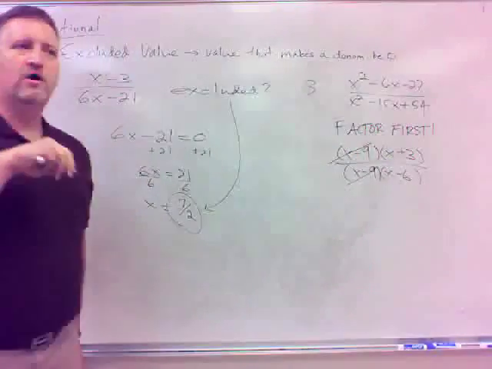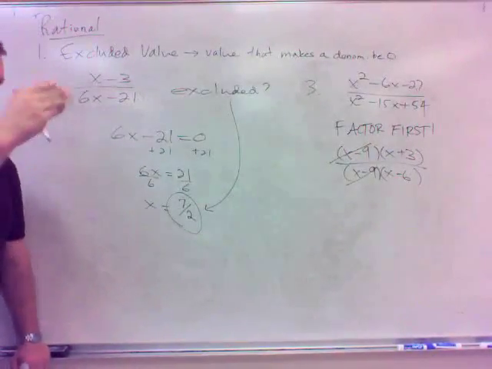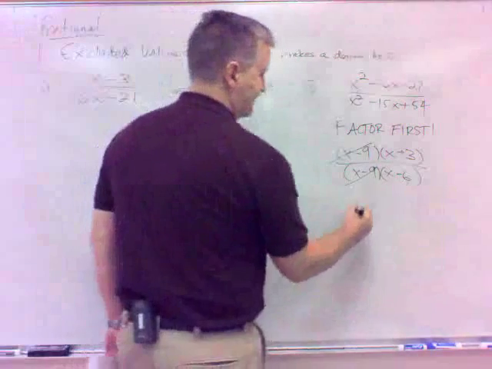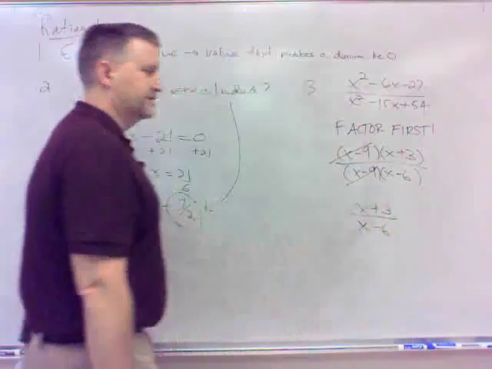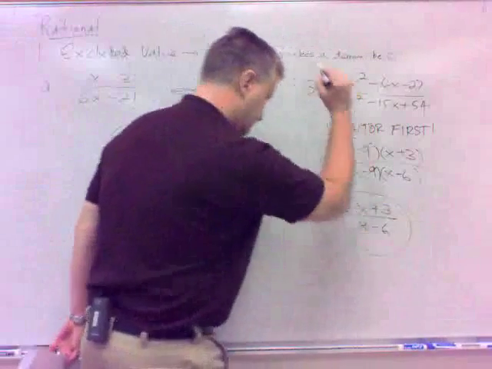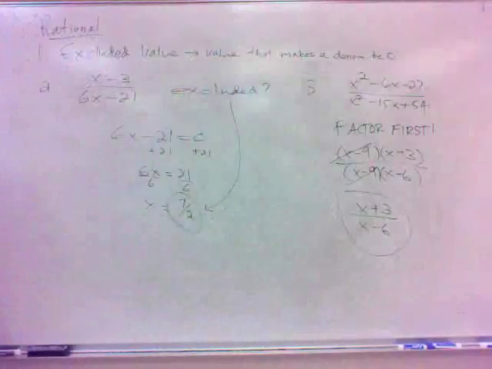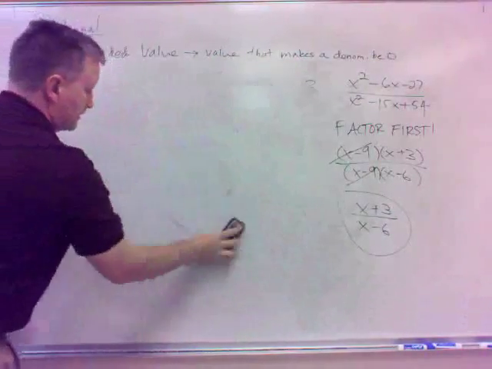And remember, only cancel factors that are exactly alike. X minus 9 works. You can cancel it, but what about the x plus 3 over x minus 6? That's not an exact match, so I can't cancel there. Binomials have to exactly match to cancel. All right.